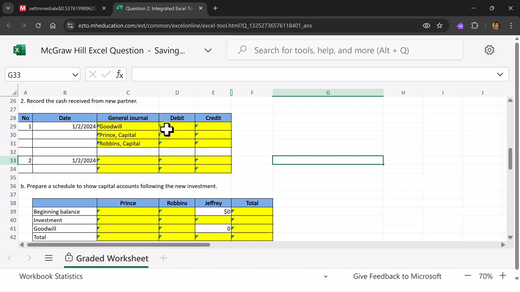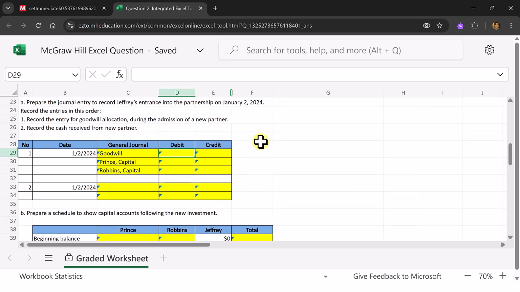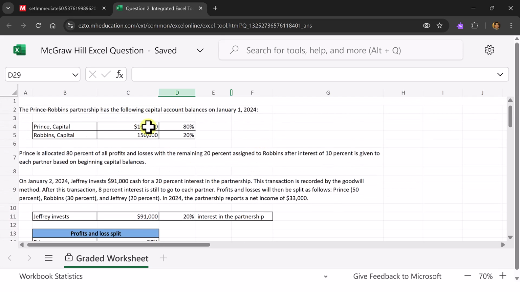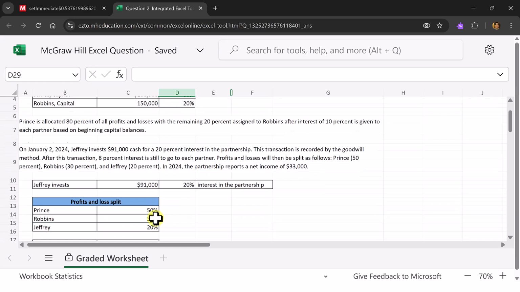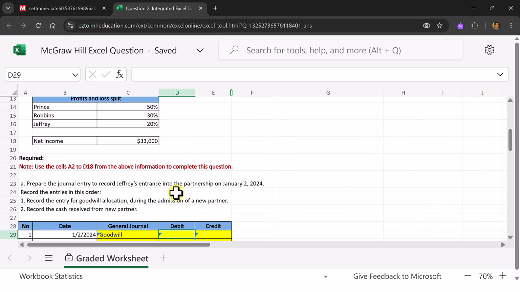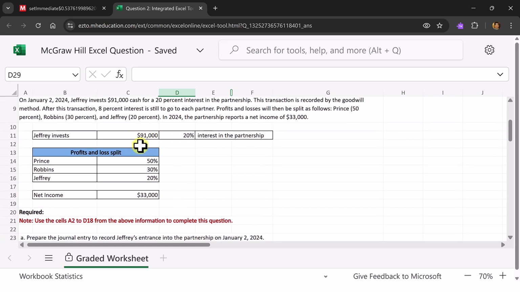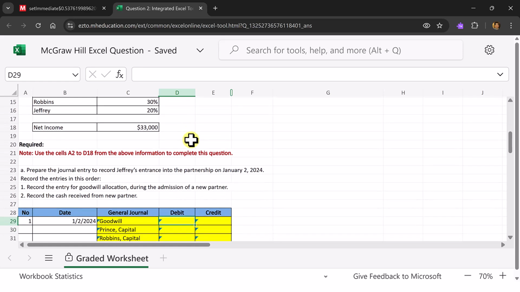So now, what is the goodwill asset? Again, it's the value in excess of anything we can identify as assets. Here are the current assets, and here's the new cash asset coming in, and anything in excess of that is goodwill. So first, what's the implicit value? 91,000 divided by 20% will give us the 100% value of that partnership.